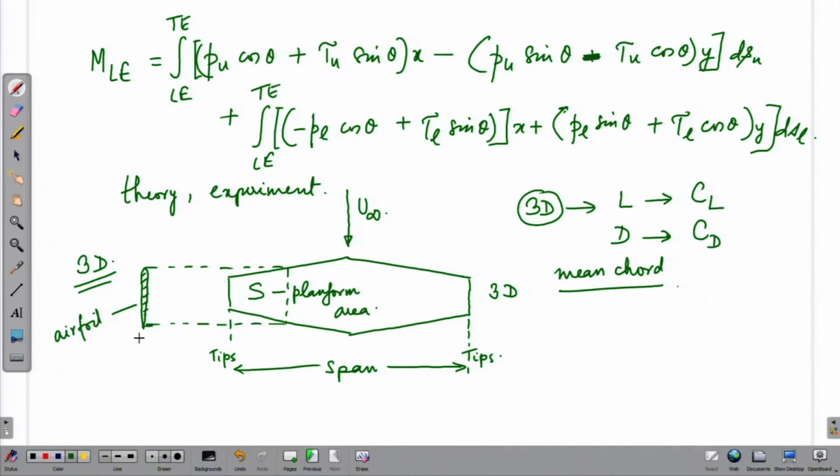However, if you were doing it for a two-dimensional body, which essentially has infinite span, and you are calculating the lift of that body and indicating it using a non-dimensional coefficient, that would be represented as small c l, the drag as small c d and so on.